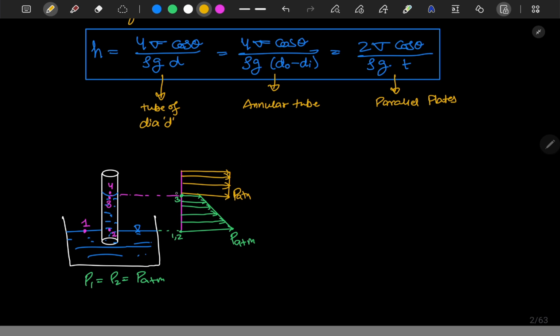So this is point number 4, and this is your pressure variation. Below the meniscus of the capillary tube, we have pressure less than atmospheric pressure. So if we drill a hole at this point, outside air will be sucked inside, and this liquid level will quickly fall to the bottom.